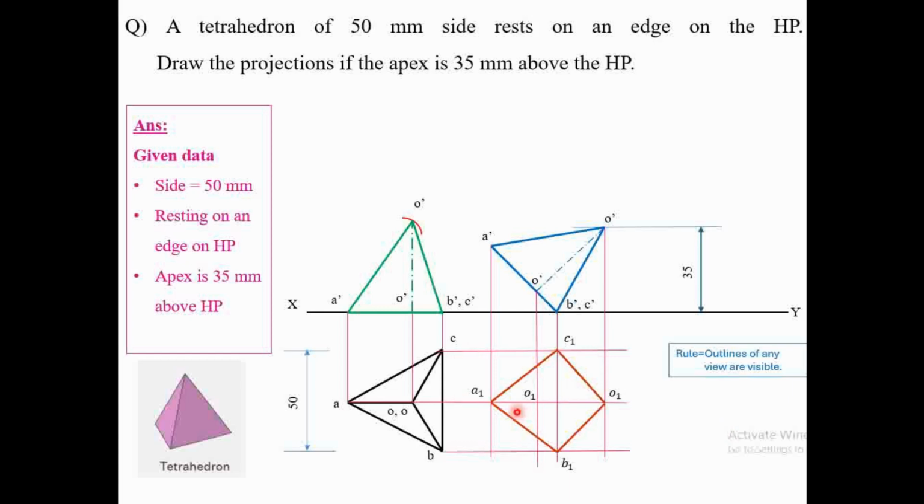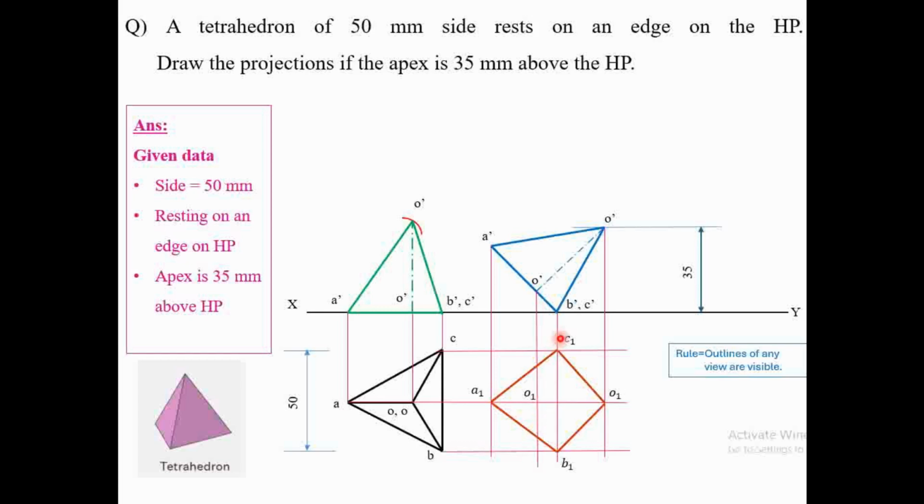Here we have to identify how many edges are present in the given object. There are a total of 3 base edges and 3 slant edges. Out of that, A to B, B to O, O to C, C to A, 4 edges have been represented.